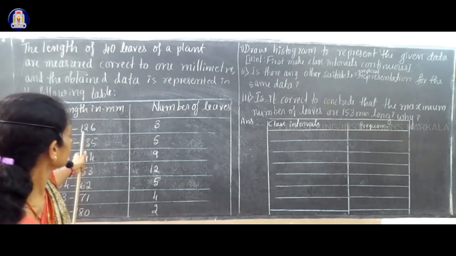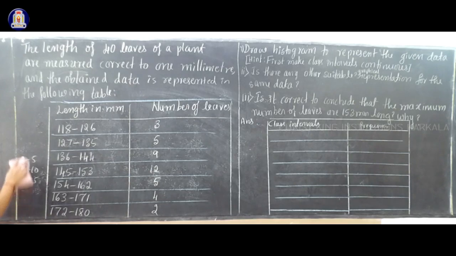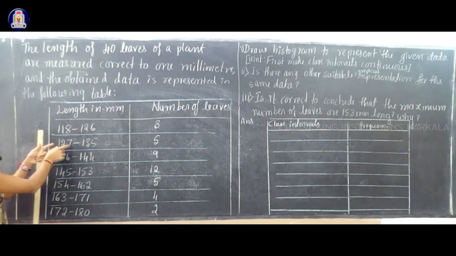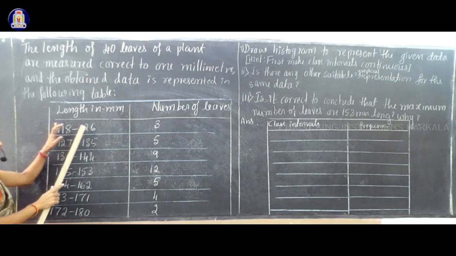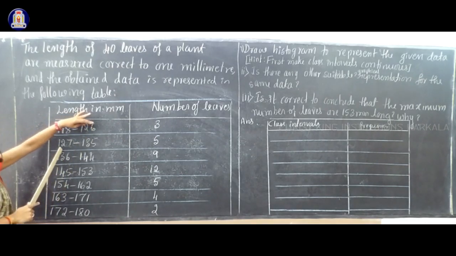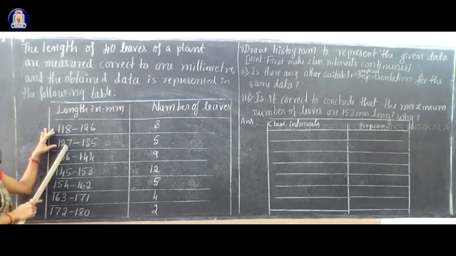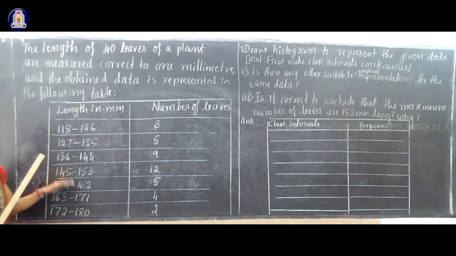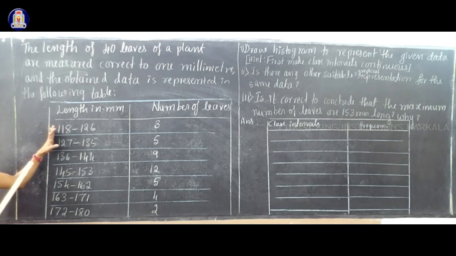But in this table, how do you have these class intervals? There is a break between 126 and 127. 118 to 126, and after that there is a break between 126 and 127. So if you have class intervals like this, first you have to make them continuous.